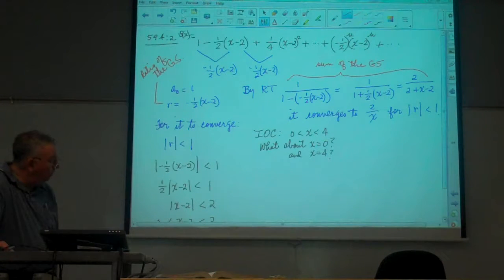The geometric series tells us about R less than 1, doesn't it? What about the endpoints?